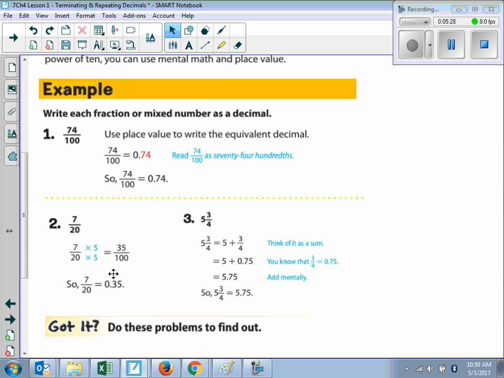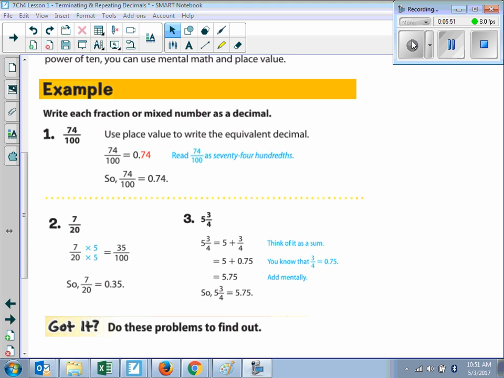So here we're going to change the 20 to 100 by multiplying times 5. So if I multiply the bottom by 5, that's going to give me 100. If I multiply the numerator by 5, that's going to give me 35. So now I have 35 hundredths, and 35 hundredths, you can hear it, is written as 0.35.